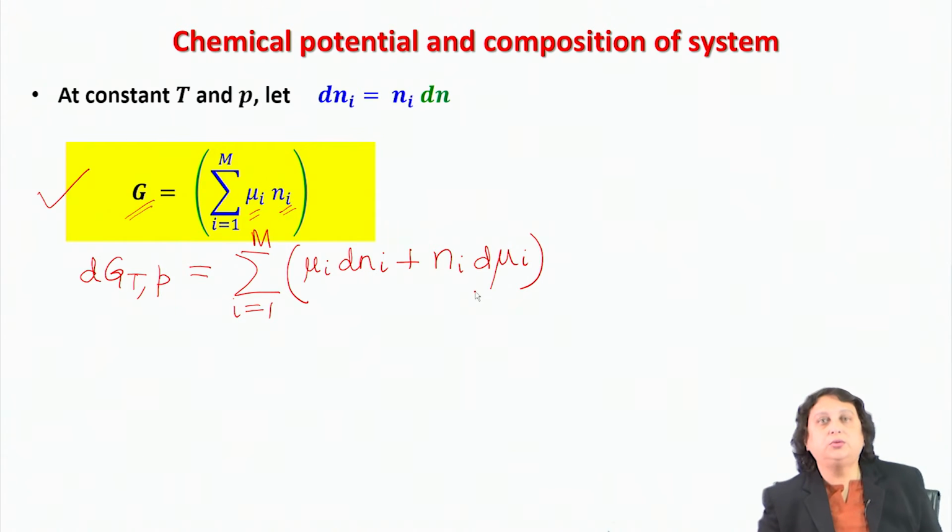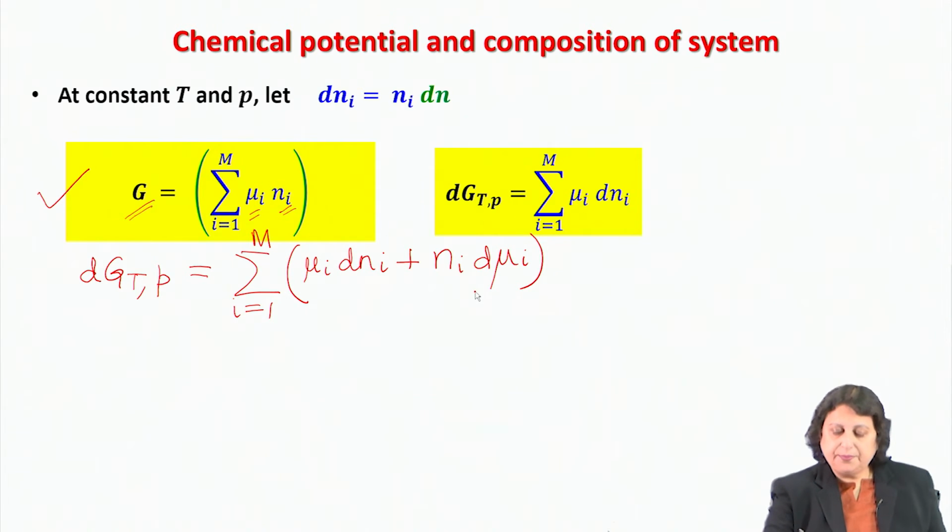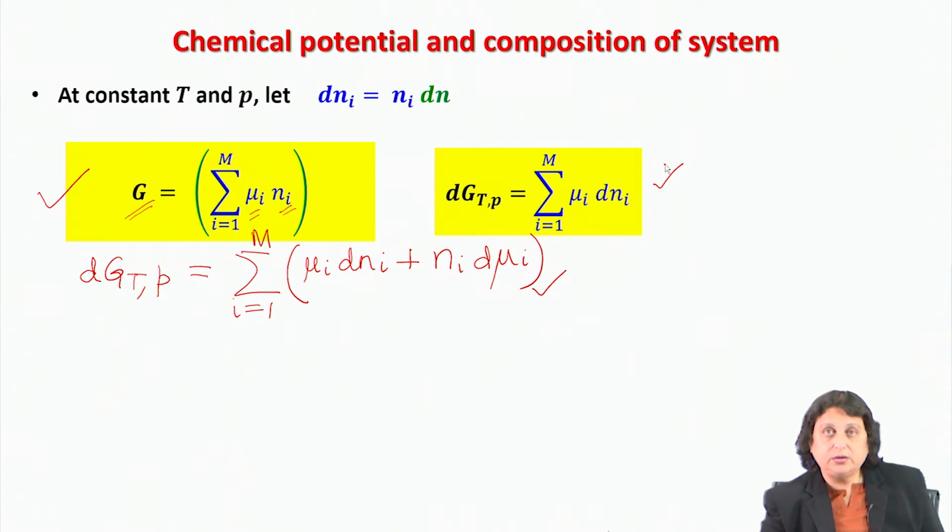I already know that from the thermodynamic equation of state for an open system, dG at constant T and P is equal to mu i dni by definition. If I now compare this expression to this expression, what would be my immediate conclusion?